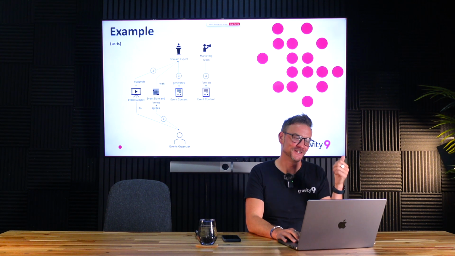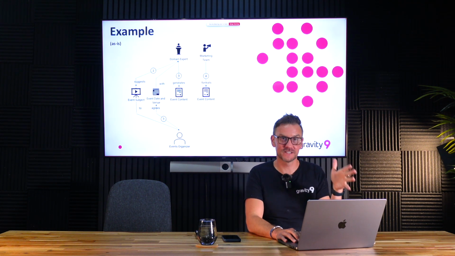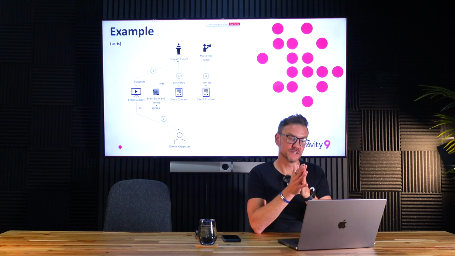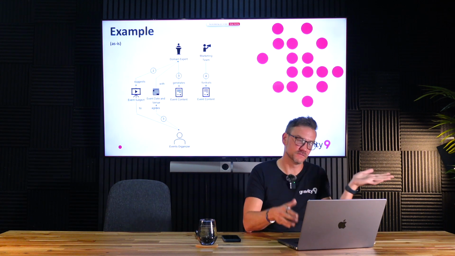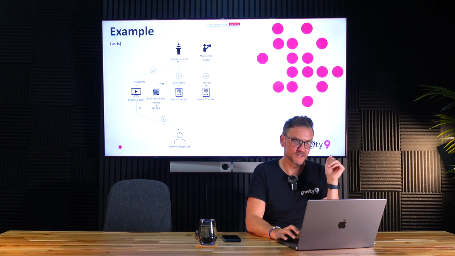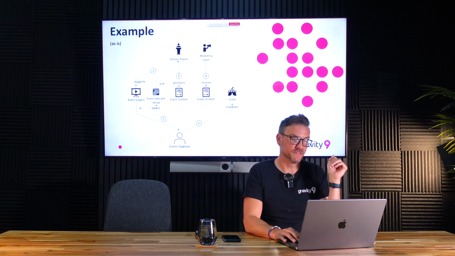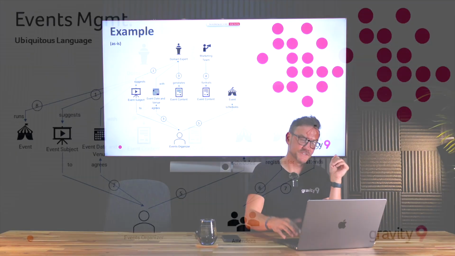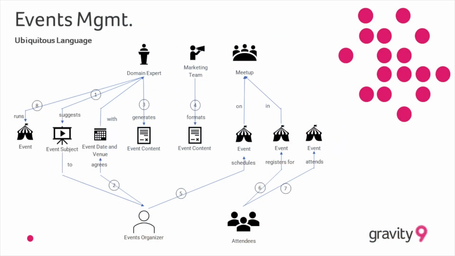So that's the next thing that happens. So we'll review the content being generated by the domain expert and format that, and however that should be branded. The event organizer then, step 5, schedules the events. And for this instance, we schedule our meetup.